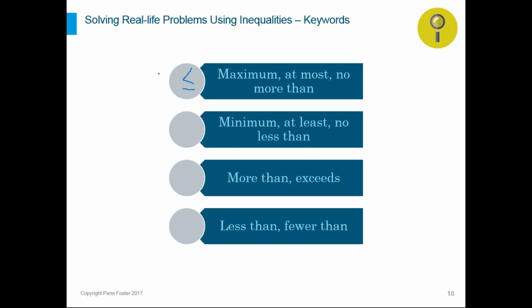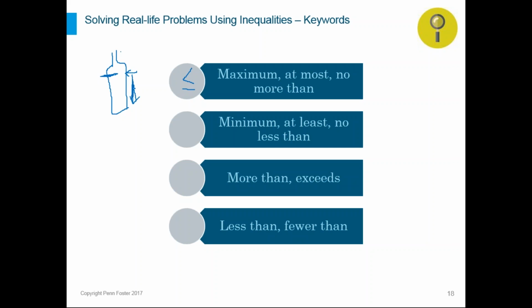To understand why, imagine that you have a bottle of water. You have a maximum mark, a max fill mark. You are asked to fill that bottle no more than that mark. It means that you're able to fill the bottle to this line or below. So it means less than or equal.